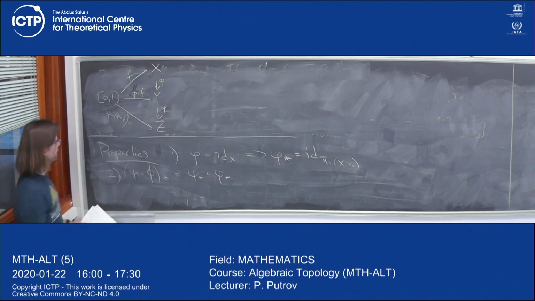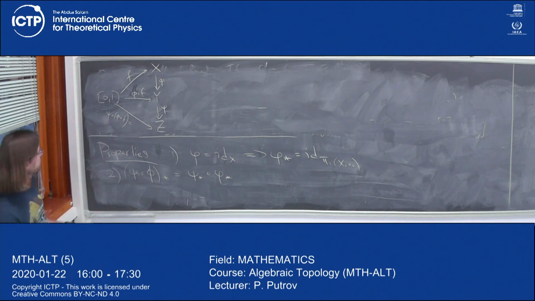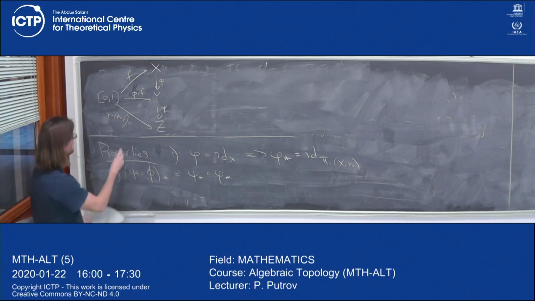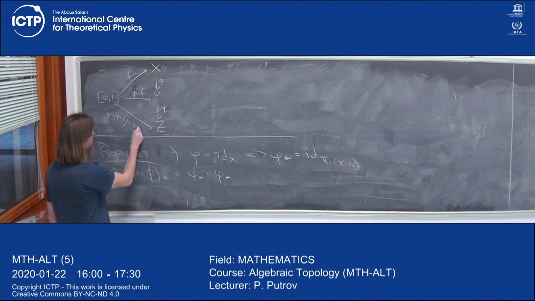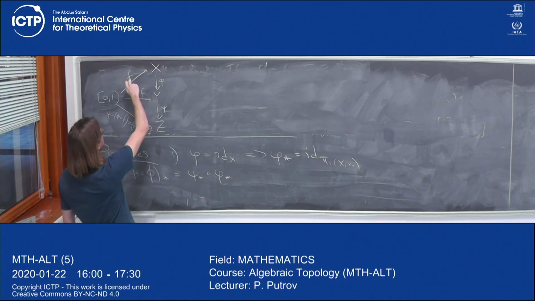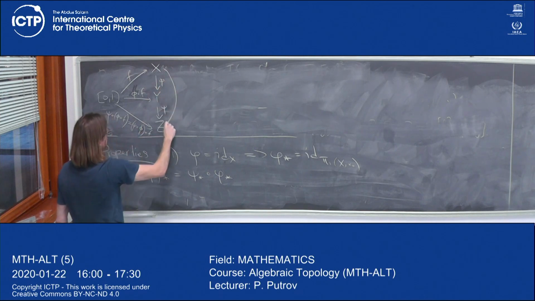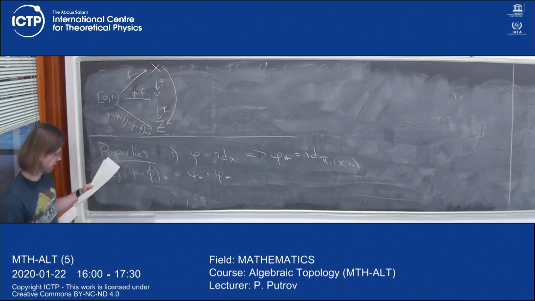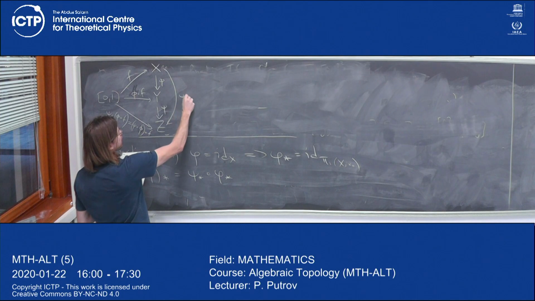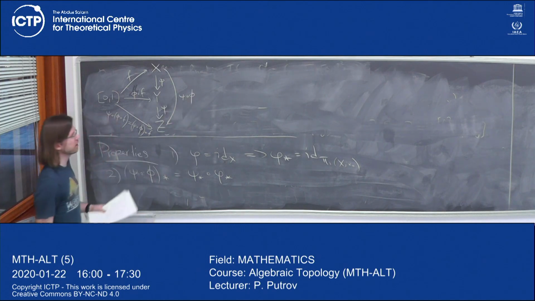But of course, the composition is associative, so this function is the same as the function obtained by first composing psi and phi, and then composing it with the path F. So you can go directly like this and continue with this composition.